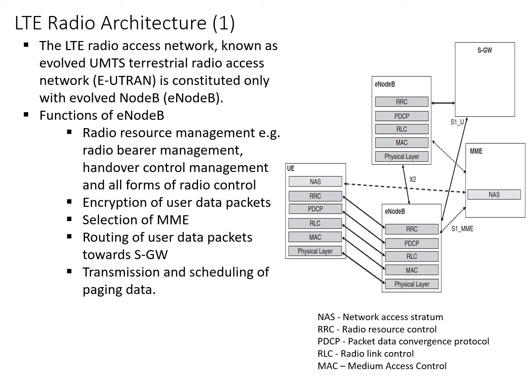So when a user tries to access LTE networks, first E node B assigns a proper MME.